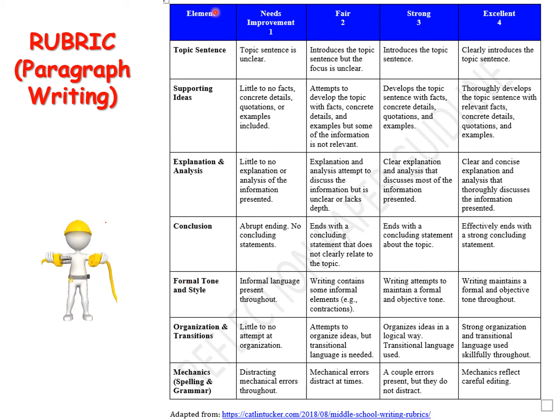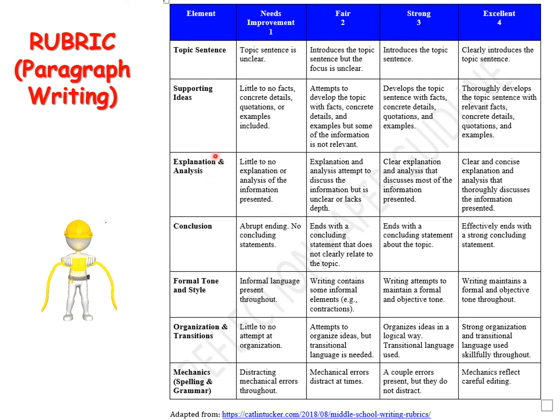So for the elements you can see here, like whether your paragraph has the correct topic sentence, whether you have enough supporting ideas, right? Needs improvement means it's not good, for the first column. Fair is not good, but it's not too bad. We can see strong and excellent. So if your topic sentence is weak, you get only 1 mark for this part, right?